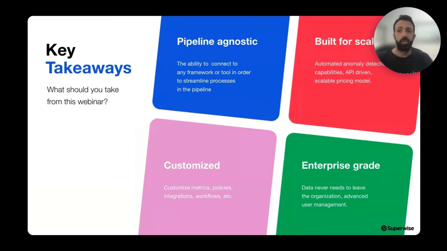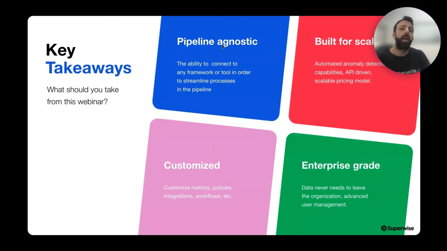Cool. We're right before the end here. So key takeaways. What should you take away from this webinar? So when you're looking for a tool, and I more than recommend you to find a tool and do it when you are planning to scale up, and not when you're talking about 2 models.